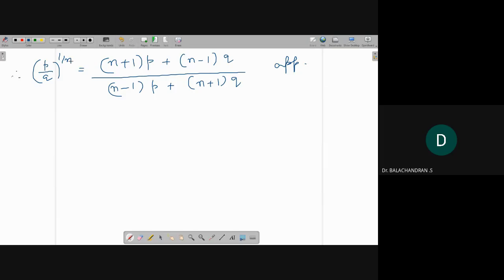Now n equal to 7 and P equal to 131 and Q equal to 133, and 7th root.